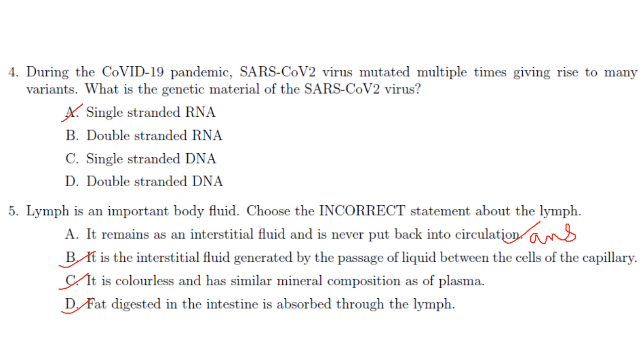So the statement that it remains as an interstitial fluid and is never put back into circulation is wrong. Lymph is put back into the circulation. It doesn't always remain as an interstitial fluid. So the incorrect statement here is option A. Option A is your answer.